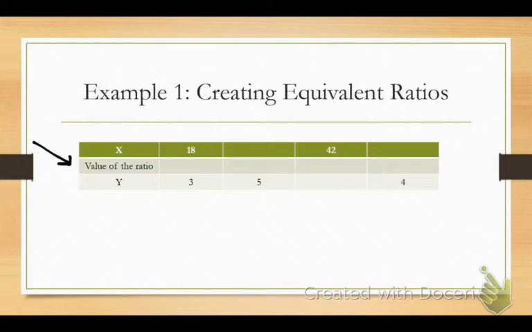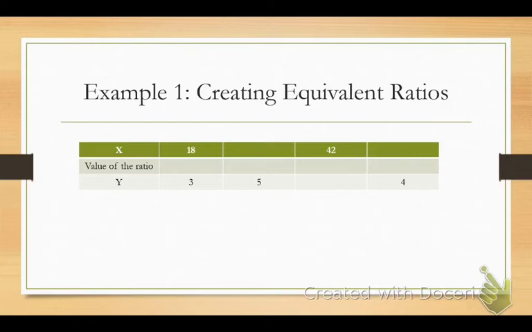Does that make sense? Okay, so this whole value of the ratio, what we just did in example 1, we can use that information to create what we call equivalent ratios. Okay, so go ahead and write down this table, fill in the values that I have in there, and then we're going to find the missing values.